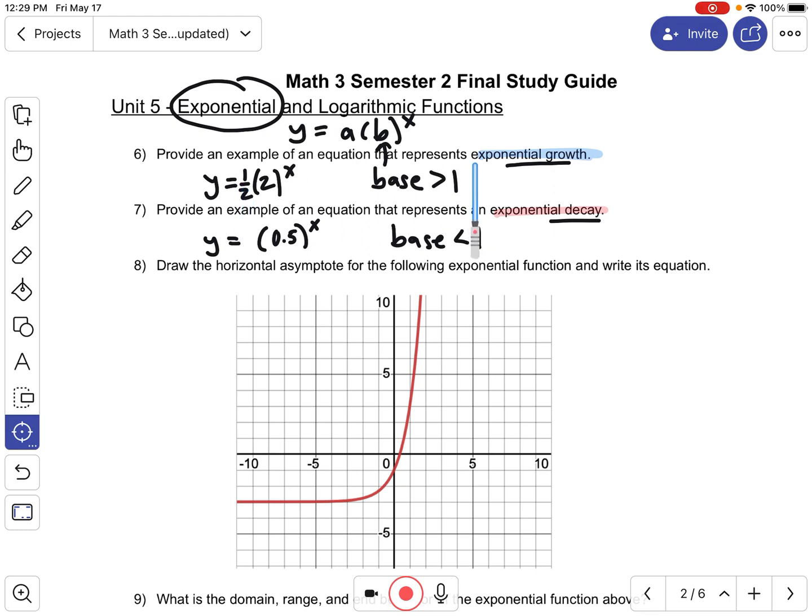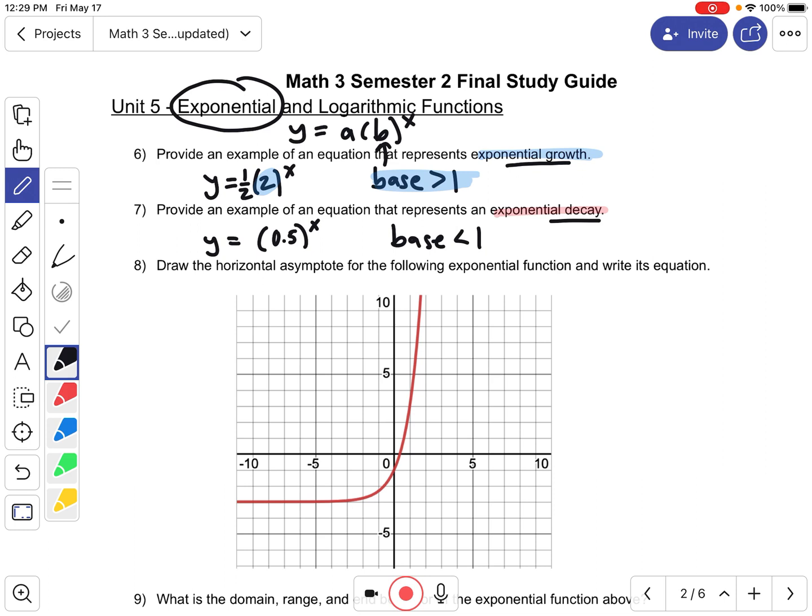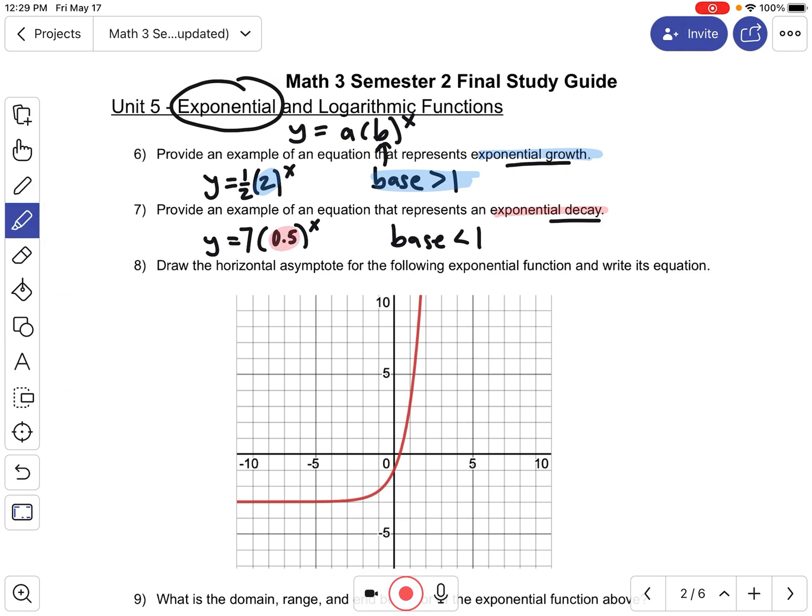For growth, it's all about what's in the parentheses, so you really want to focus on just this part being greater than 1. And the same thing for the decay. Even if this was a number greater than 1, that number in front doesn't matter because this is less than 1, and that's what makes it a decay.